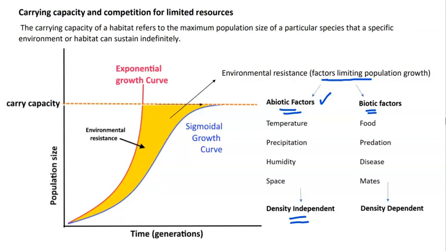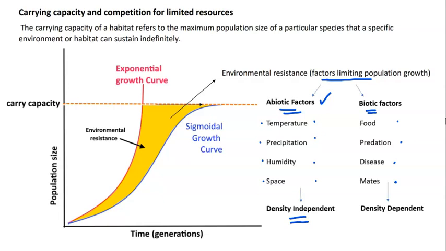So the size of the population plays no part in the impact of these particular features here, which you can see are all physical aspects of the environment. The number of individuals in the population, however, does affect the acquisition of food, the levels of predation, the levels of disease, and finding reproductive partners.